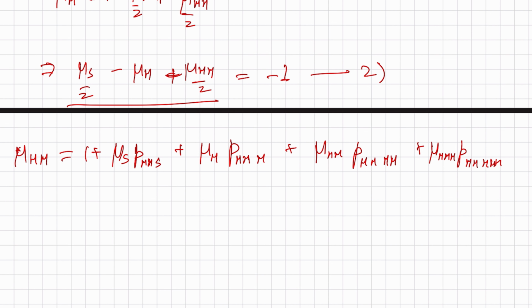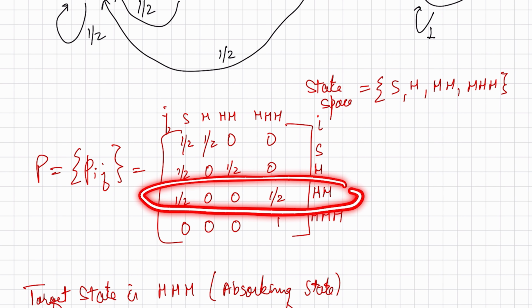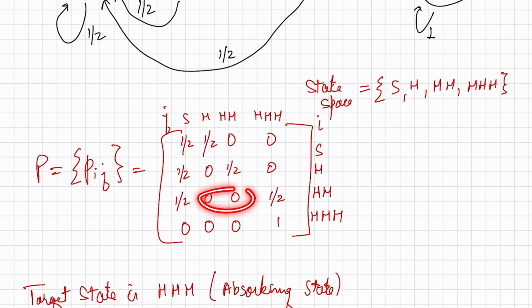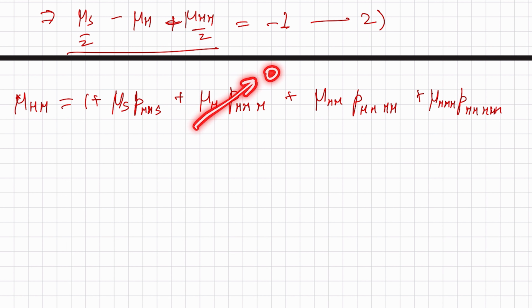I hope the substitution is clear. This is HH going to H. If you go to this row in the transition matrix, from HH you can either go to HHH or to the starting state. So both of these things are 0. From HH you can't go to H, so this is going to be 0. You can't stay in HH, so this is going to be 0.